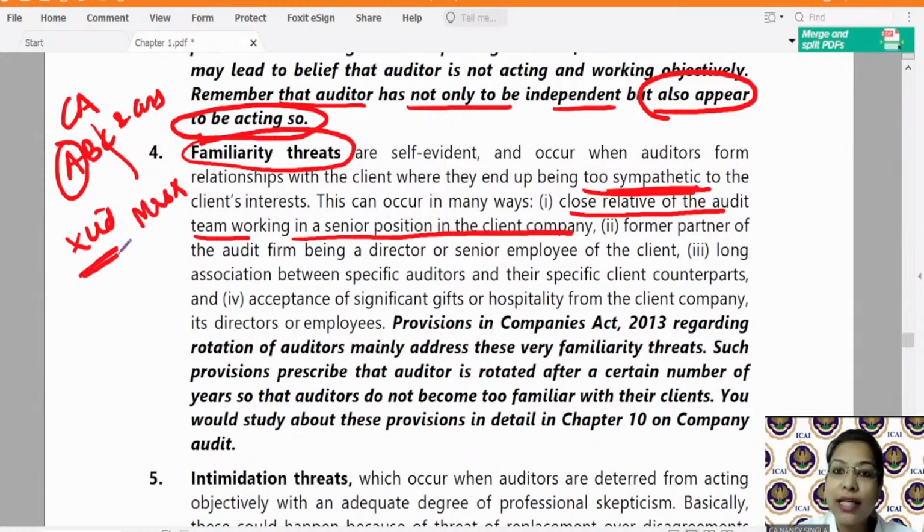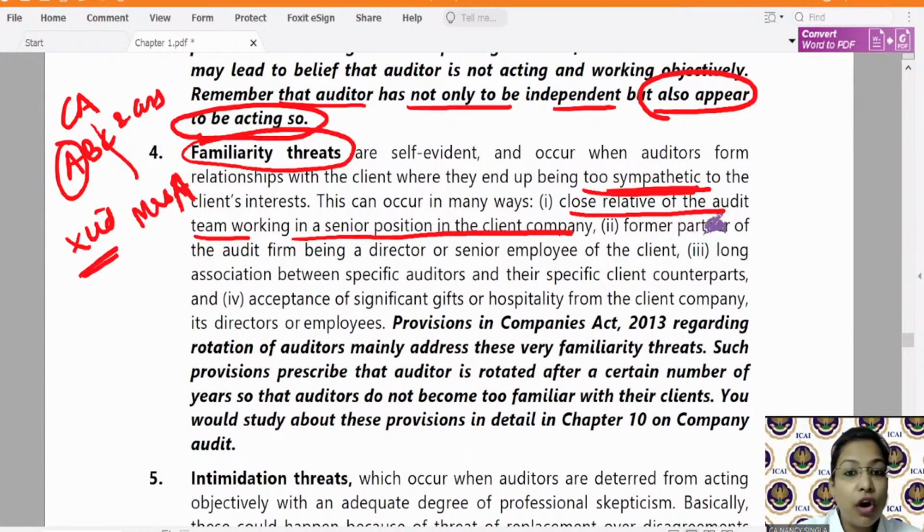So close relative, so familiarity threat. Familiarity with respect to the time span and familiarity with respect to the persons. So if Mrs. A is a director of X Limited, there is a threat on the independence of CAA, who is the engagement partner in this case.